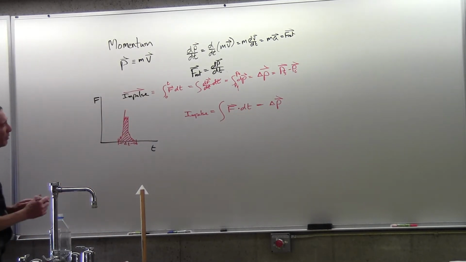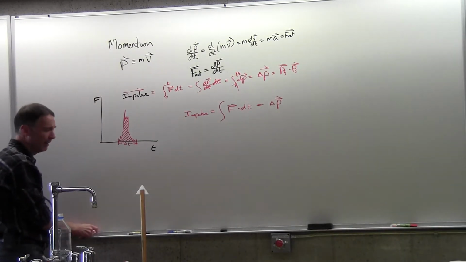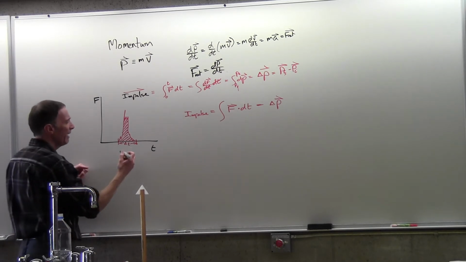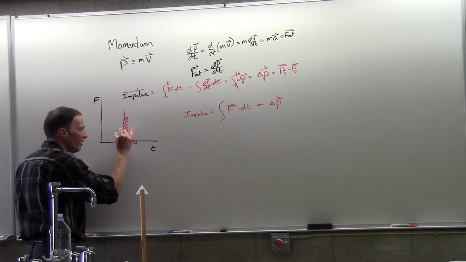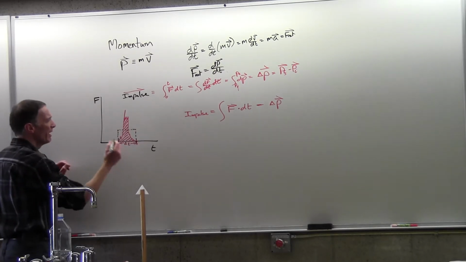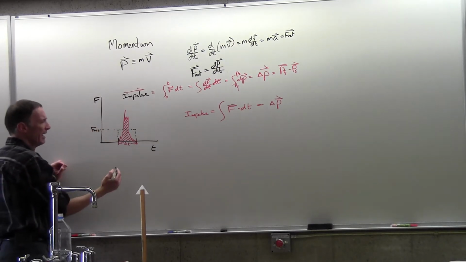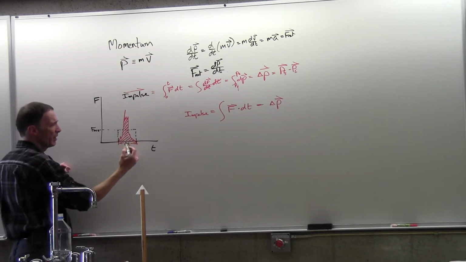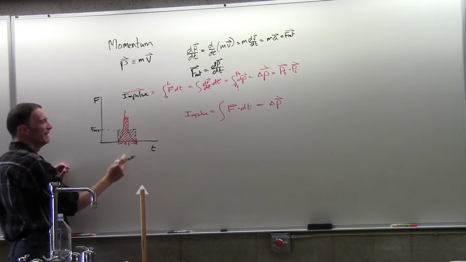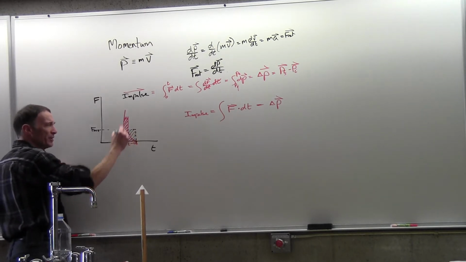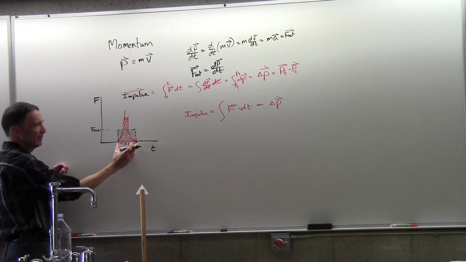Sometimes in this collision, we don't know all the particulars of the collision, but we can sometimes talk about something like the average force. Imagine if I held some force along here over the same amount of time. That would be what I would call my average force. That would mean that I'd have to take this area and fill that in so that the area, or the impulse, would be the same, whether it's a spike in the force or just a constant force applied over that same amount of time.